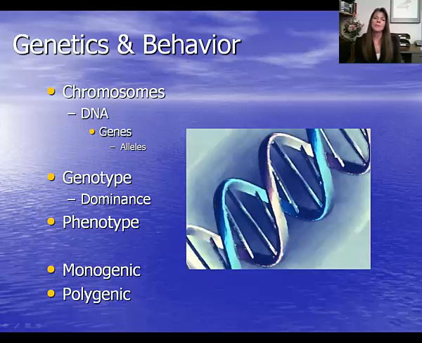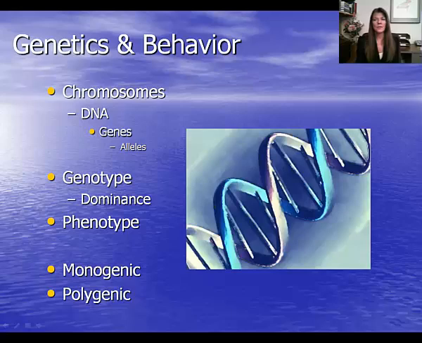So the genotype is going to be symbolically portraying the actual alleles that you have for whatever we're asking about. And remember that you have two alleles, for instance, for eye color, and they're going to be symbolized with two different letters of the alphabet.